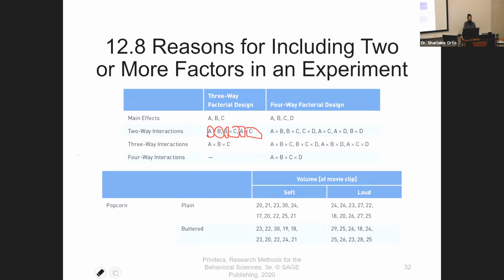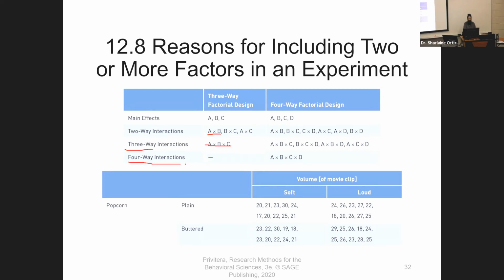Notice that when I am talking about a three-way interaction, what I am referring to is that a level of A impacts or influences a level of C, that later B is going to impact C. And I'll say that again. Notice in a three-way interaction, it wasn't just that A depends on B, A depends on C, B depends on C, right? So notice that there's a three-way interaction.